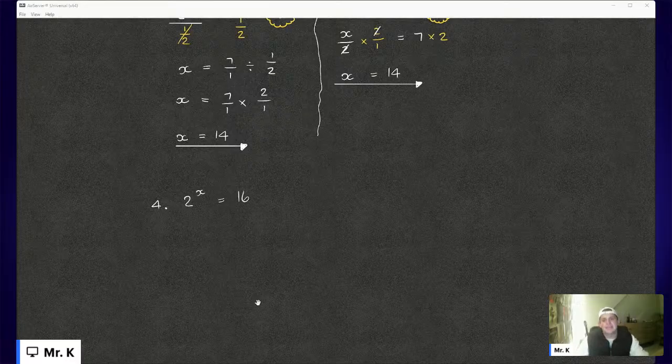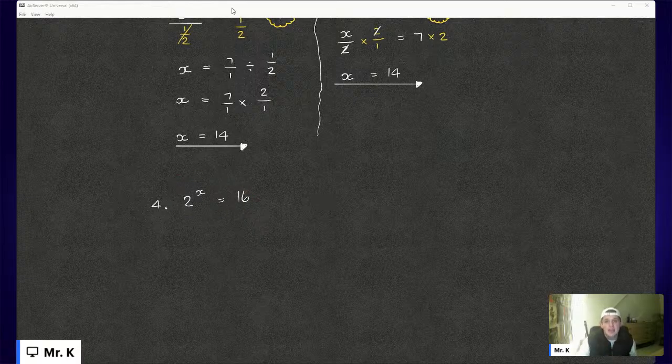If we had addition and subtraction and multiplication and division, we would want to deal with all of those inverses first. But as we move forward, we find that they are going to be exponential equations too.